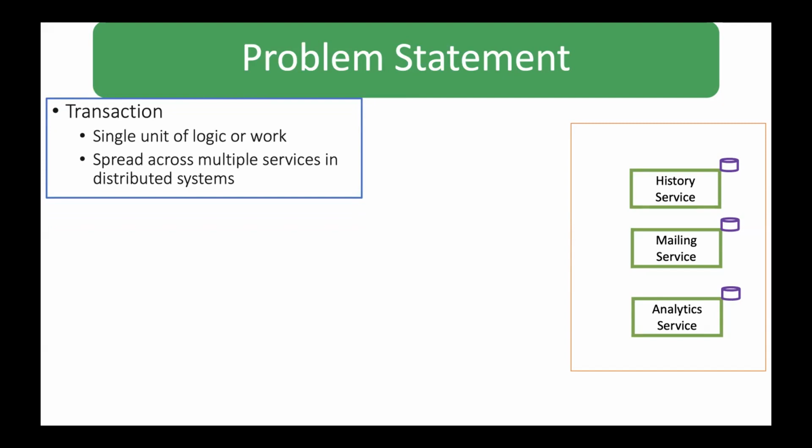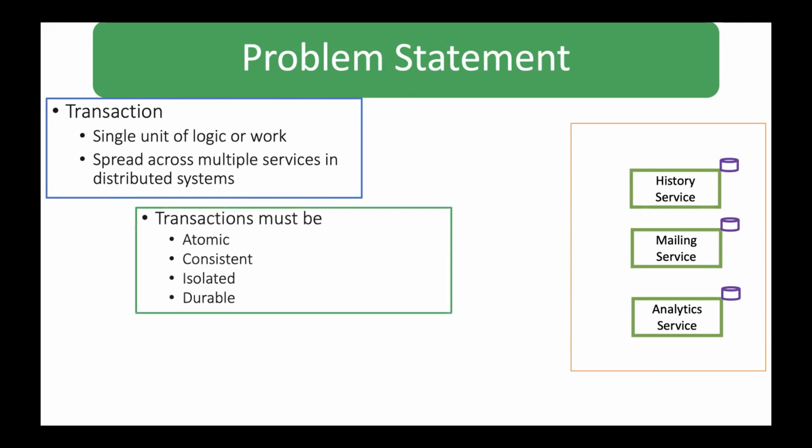Transactions normally spread across different services and different systems. There are four standard properties of transactions, ACID: atomicity, consistency, isolation, and durability. These are the four very common transaction properties.